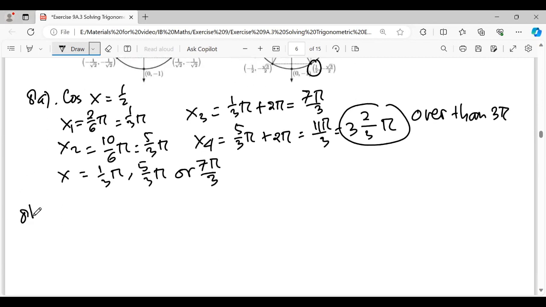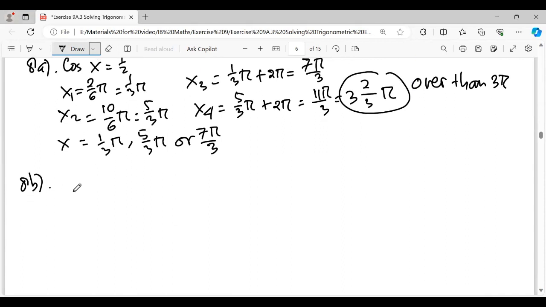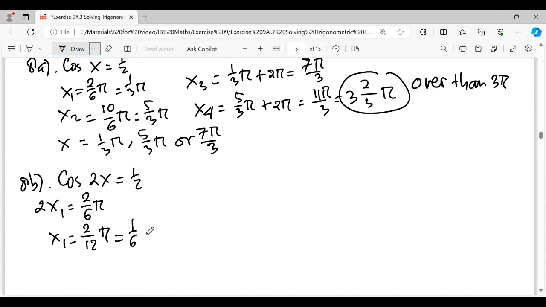8b. Cosine 2x equals half. Similar with number 8a. So 2x1 equals pi over 6. So it means x1 equals 2 over 12 pi or 1/6 pi.